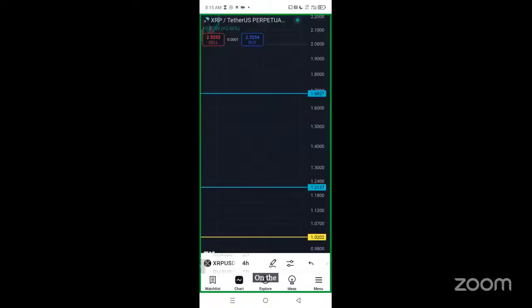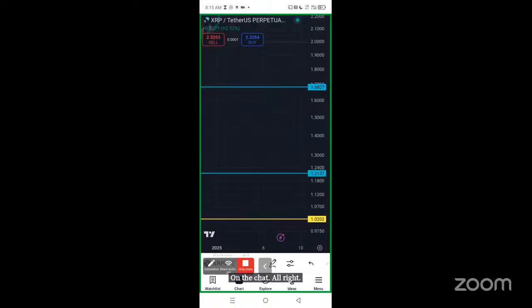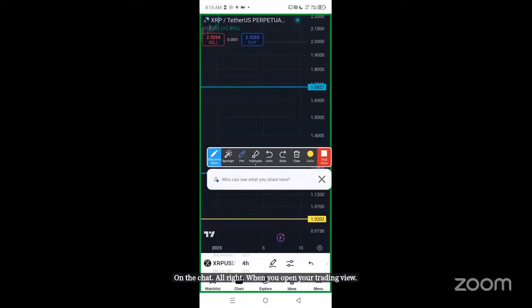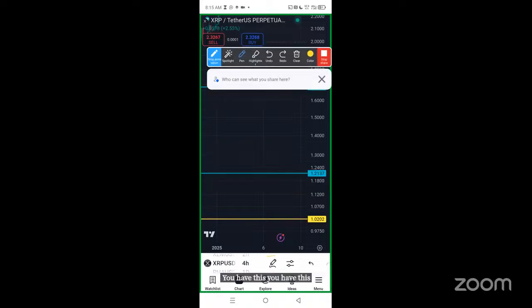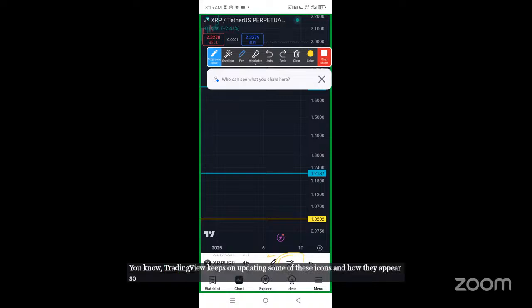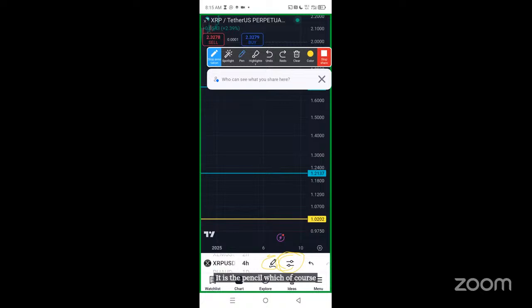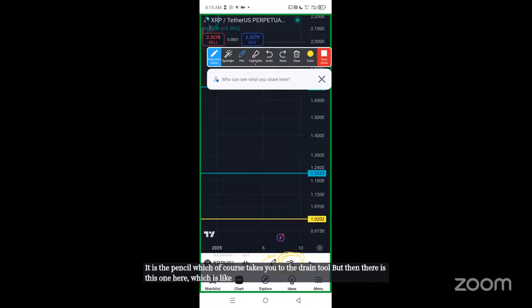All right. So when you open your TradingView, you have this icon here. TradingView keeps on updating some of these icons and how they appear, but I believe you're familiar with this. There is the pencil, which of course takes you to the drawing tool, but then there is this one here, which is like an adjustment icon.